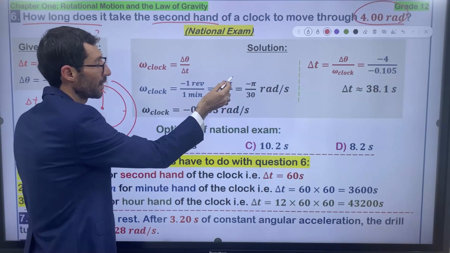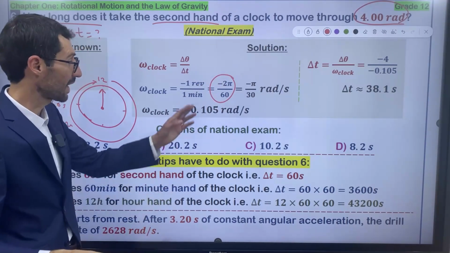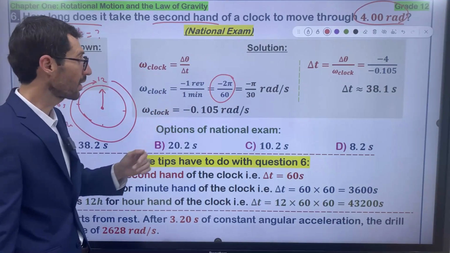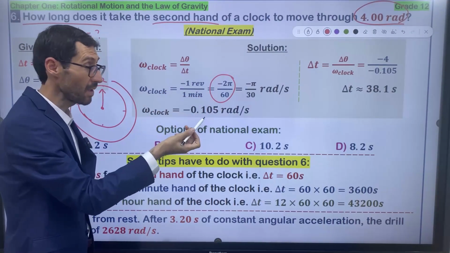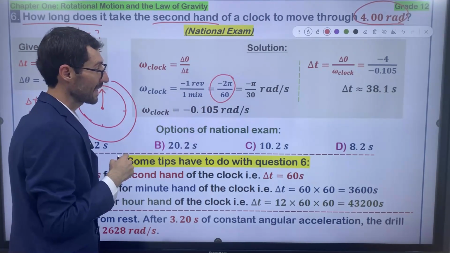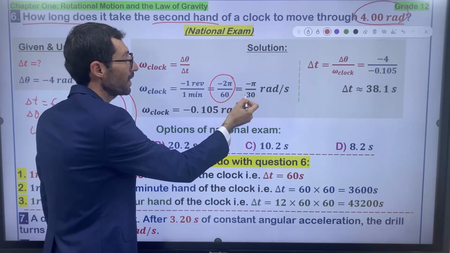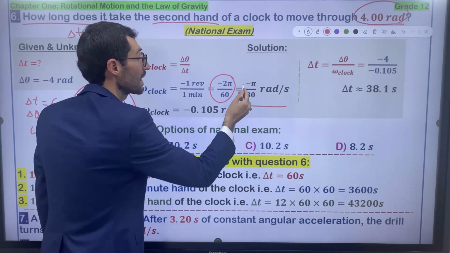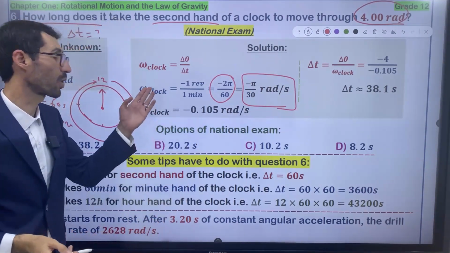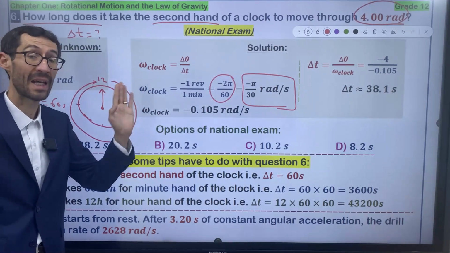You can start from here, no problem. You can start from the second step, as you like. Negative 2 pi, because 1 rev becomes negative 2 pi, divided by 60, becomes negative pi divided by 30 rad per second. If you memorize this number, you don't need to write this rule at all.